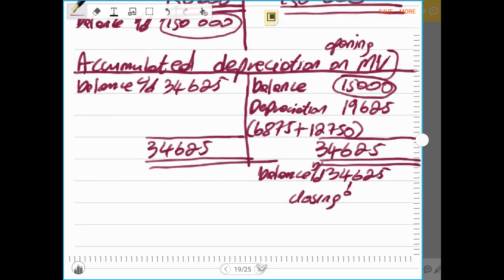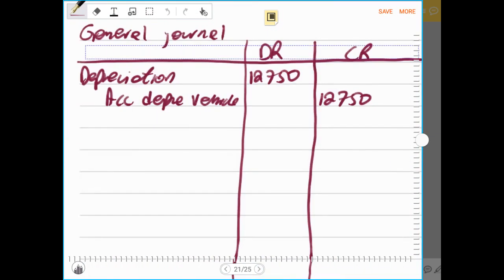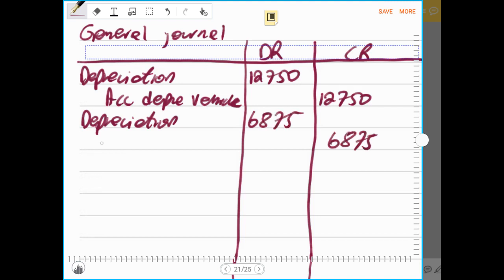Then we record the second depreciation, which is still a depreciation on vehicles. Then we debit depreciation once again with an amount of 6,875 rands.